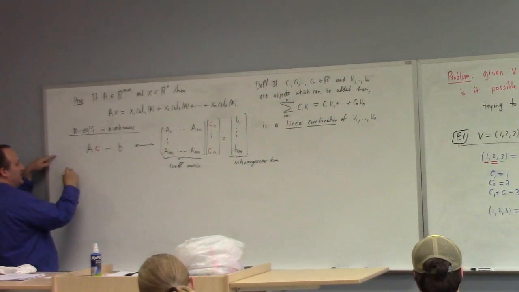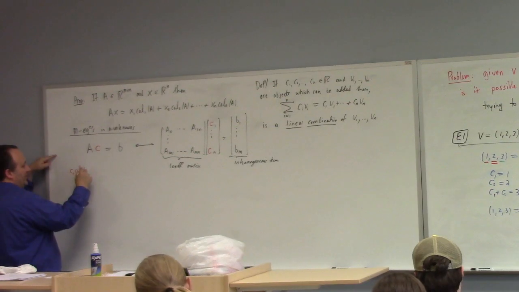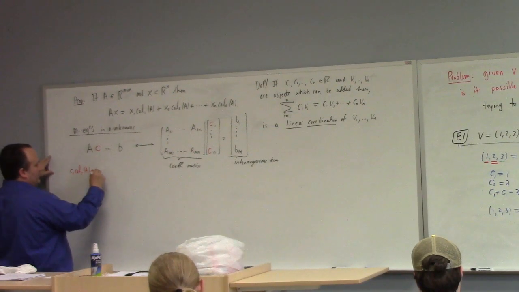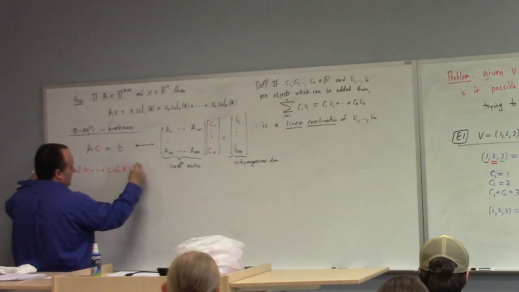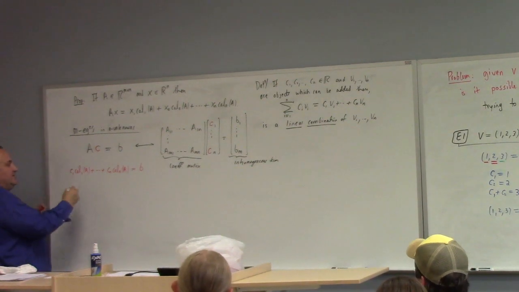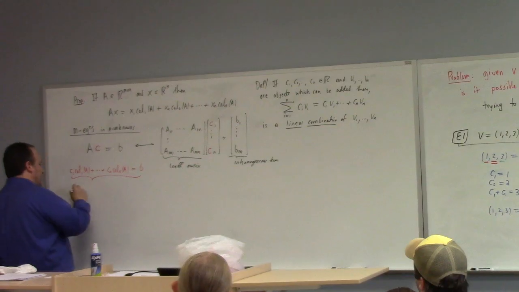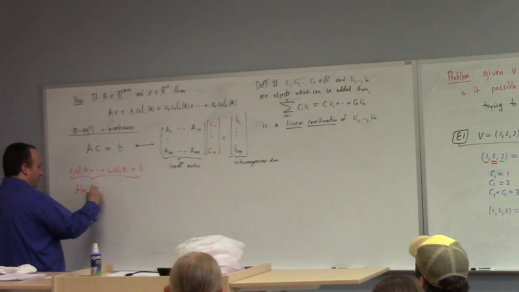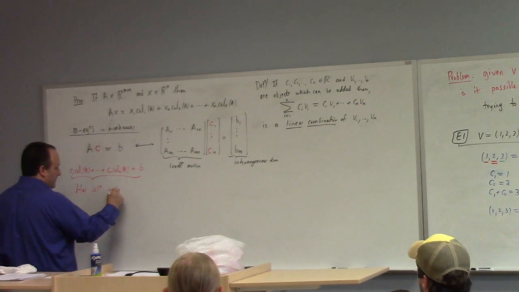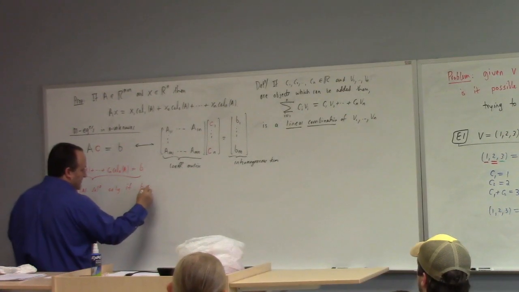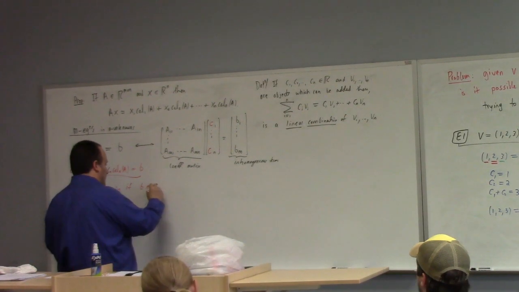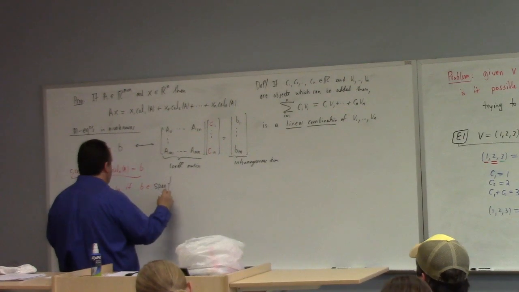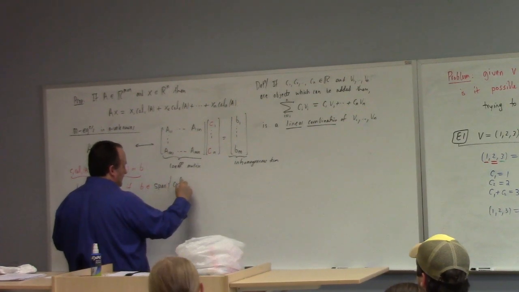This is C1 times column 1 of A, plus all the way out to Cn times column n of A, equals B. This has a solution only if B is an element of the span of the columns of A.